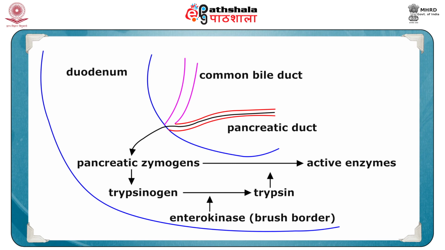The active form of trypsin can now act further on other pancreatic zymogens, thereby converting them into the active form. This way of activating enzymes, which is known as in situ activation, prevents the wrong activation of enzymes in the organ from which they are synthesized and thereby only renders them active at the site where they are required.